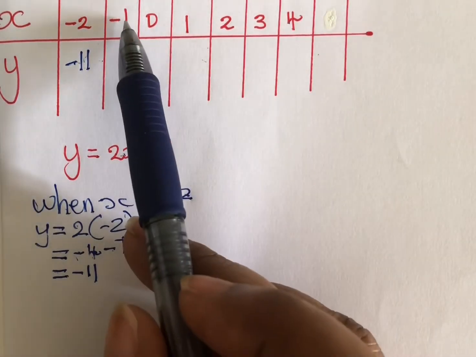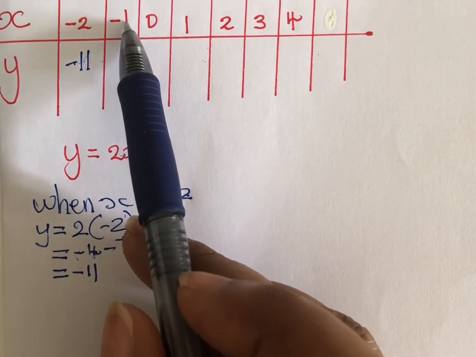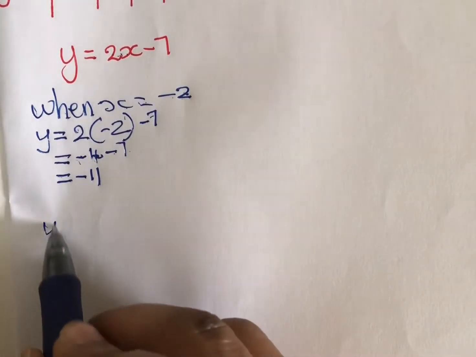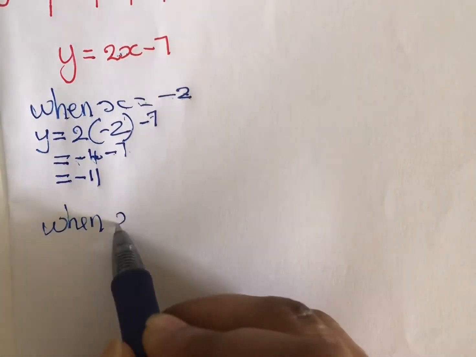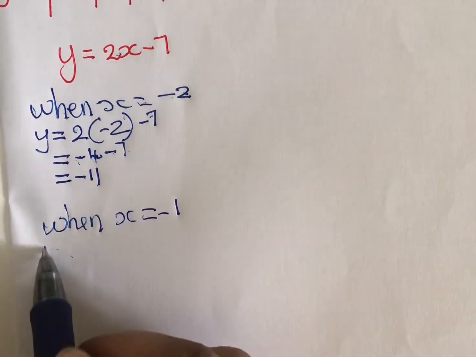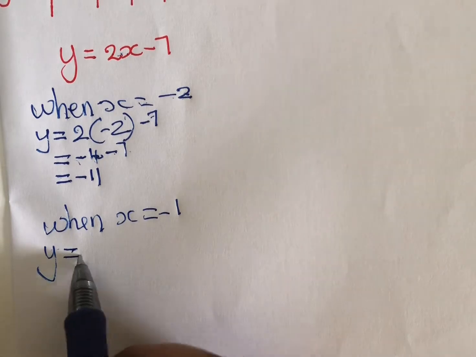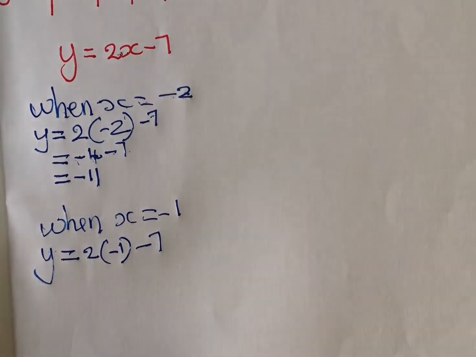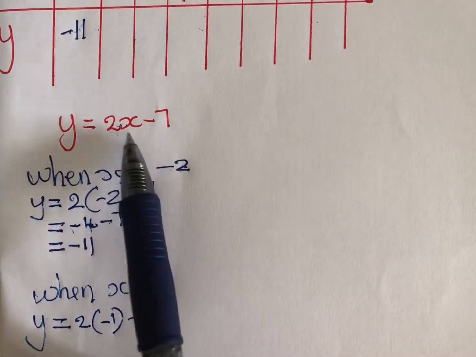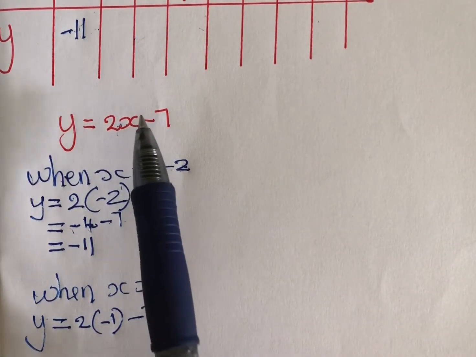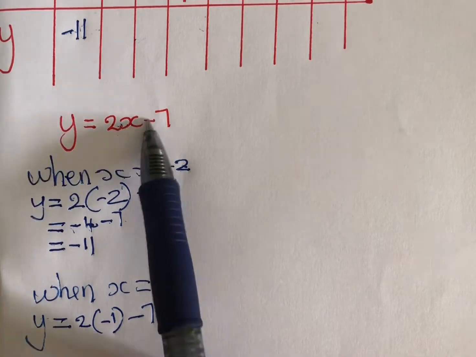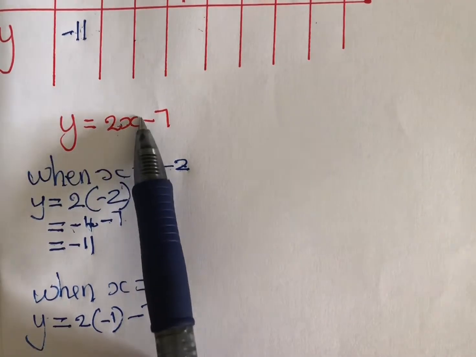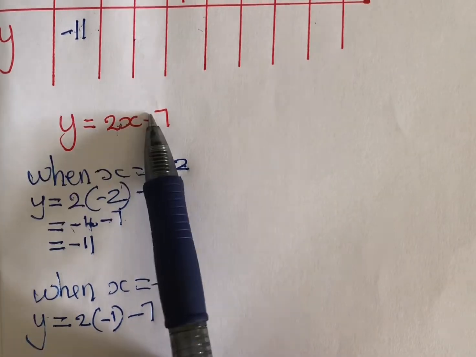Let us look at the value where x is equal to -1. When x is equal to -1, y is equal to 2 times -1 minus 7. Remember, we are substituting it into our linear equation that has been given, our linear graph. This is a linear graph.